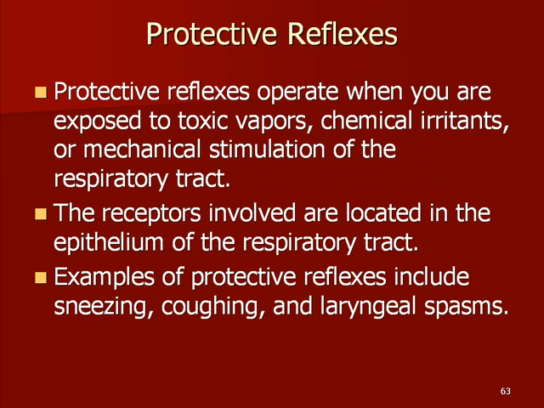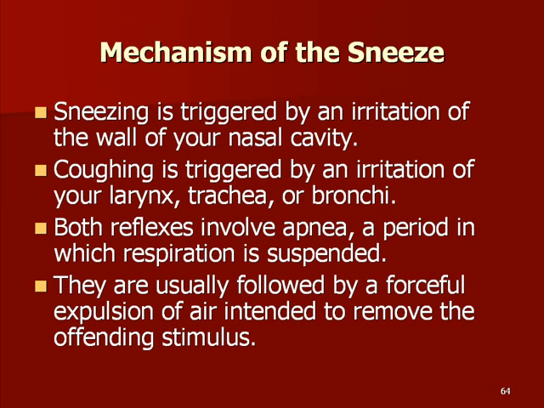Protective reflexes operate when you are exposed to toxic vapors, chemical irritants, and mechanical stimulation of the respiratory tract. The receptors involved are located in the epithelium of the respiratory tract. Examples of protective reflexes include sneezing, coughing, and laryngeal spasms. Sneezing is triggered by irritation of the wall of your nasal cavity.